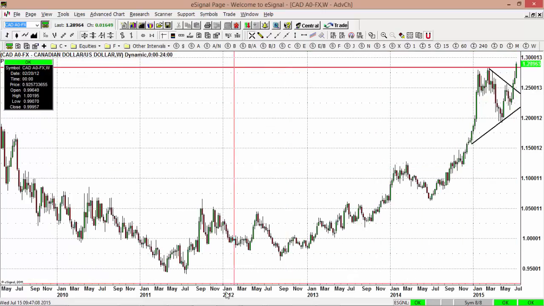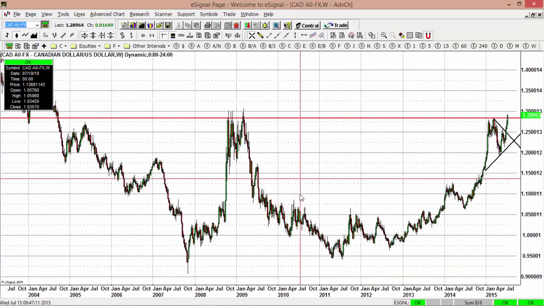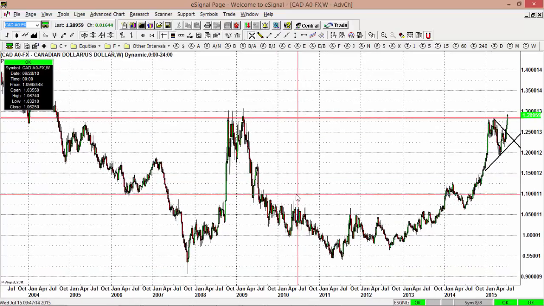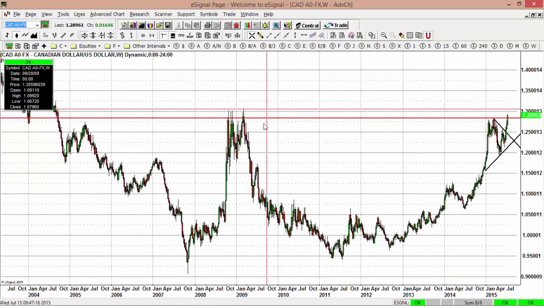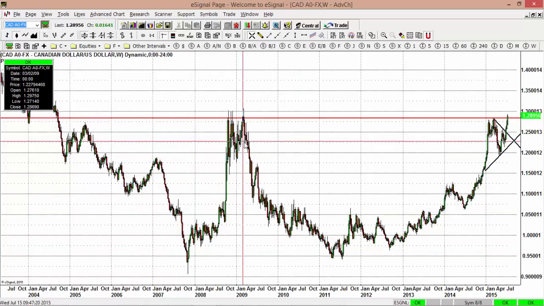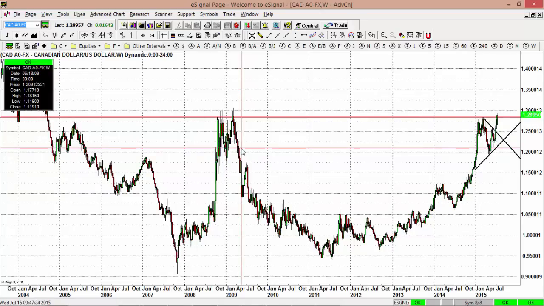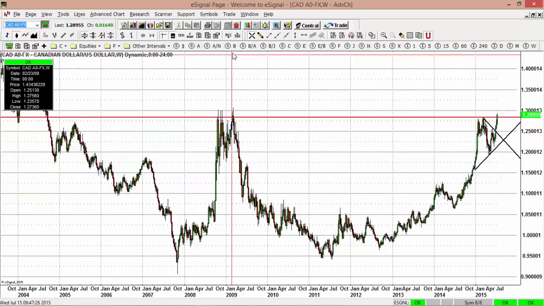Taking a look at the weekly chart, let's look for any area of resistance up on the weekly chart. And as you can see, we're coming up to a swing high that was made all the way back in 2009. And that's why it's good to look at these longer term charts for longer term support and resistance areas.